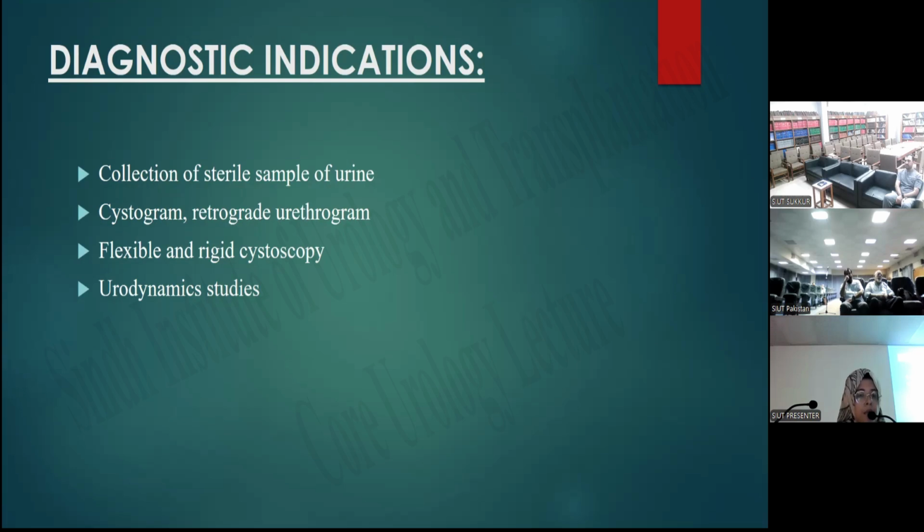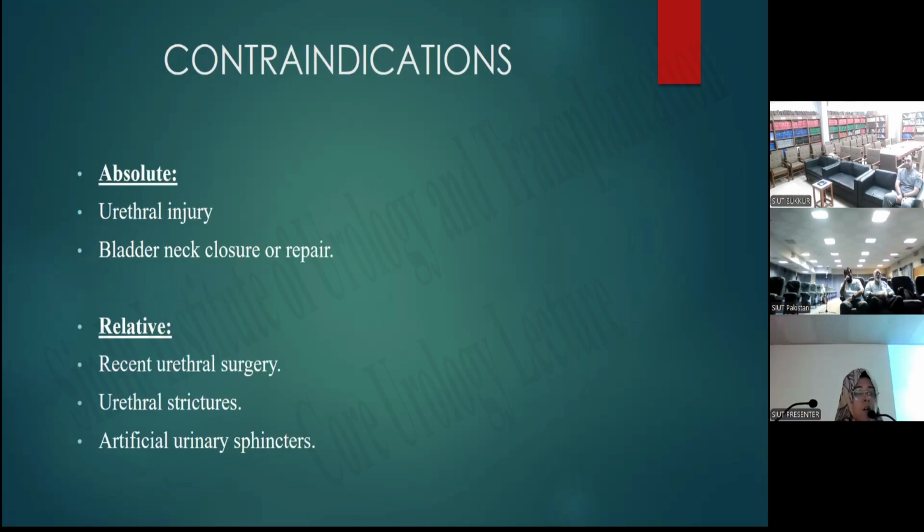It also helps in urodynamic studies to measure the residual volume, to fill the bladder, and to place the sensor to measure the detrusor pressures. In cases where you suspect bladder cancer, catheterization can be done to collect cytology as well.